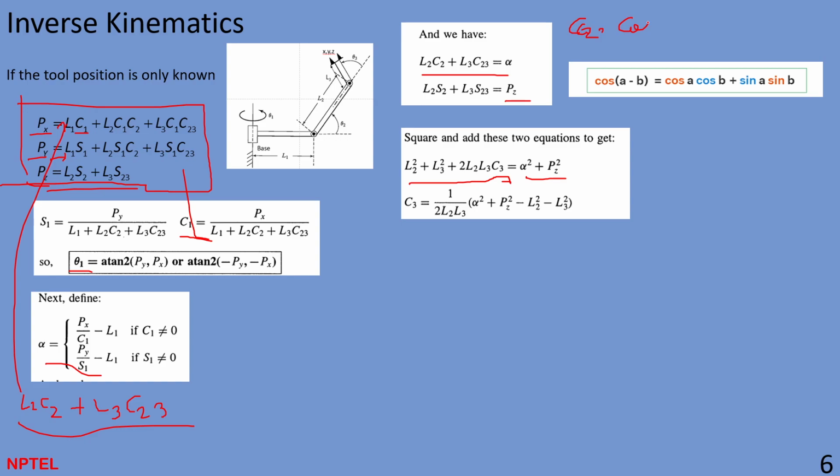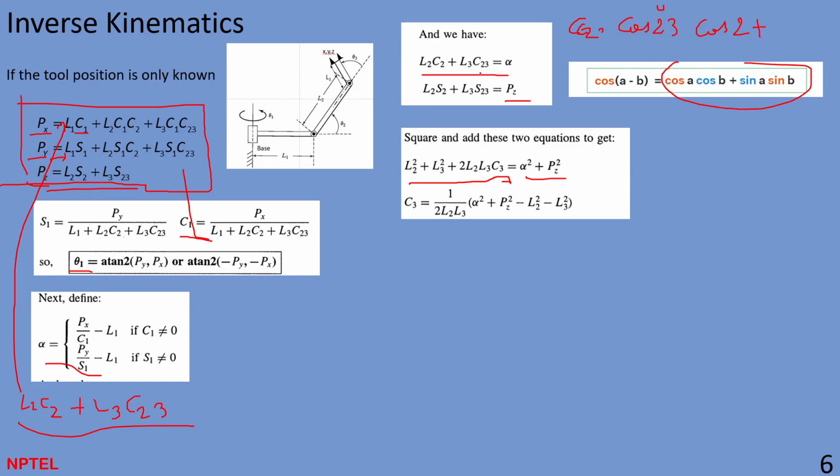Something like this will turn up: sin, cos 2 cos 2 3, where 2 3 is theta 2 plus theta 3, right? And cos theta 2. So you will get something like this equation.